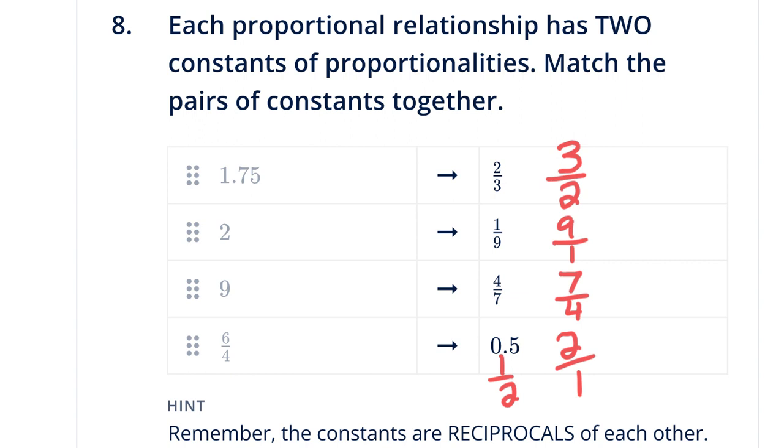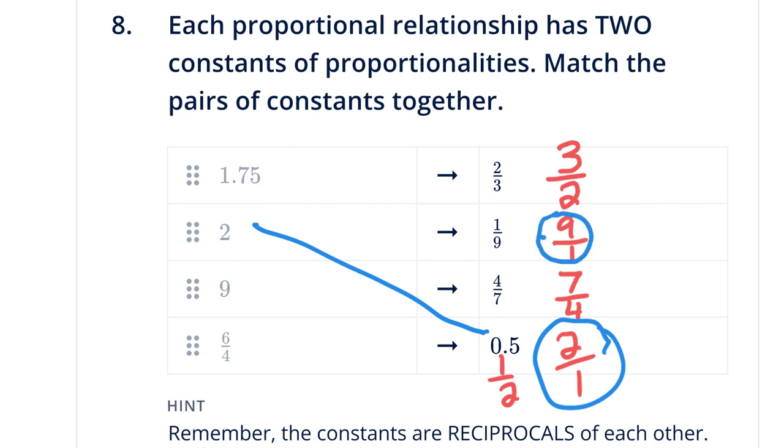Now, I'm going to try and match these red numbers here to these. So let me look here. All right, I see 2/1 could match right there. Then I see 9/1, and that's the same as 9. Now I have to think, where will this one go?